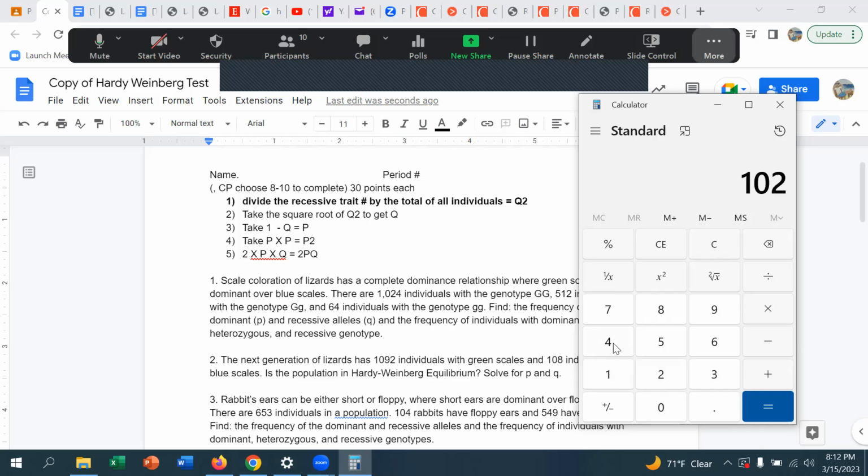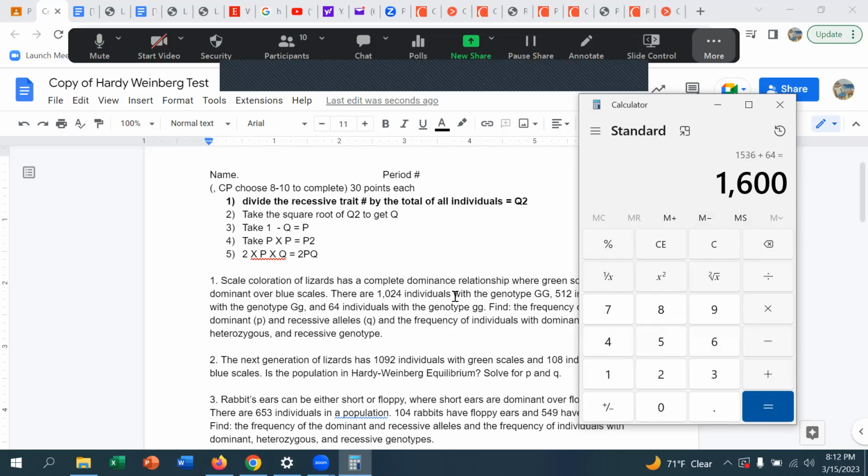1024 plus 512, 1536 plus the 64. That's how I'm going to do it. I first have to add them together. But how do I get Q's too? So there's 1,600 total lizards, coloration of lizards.